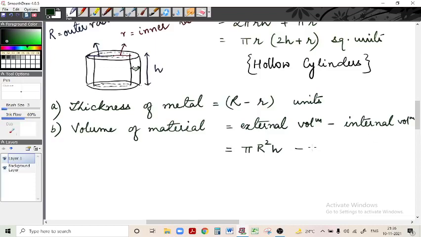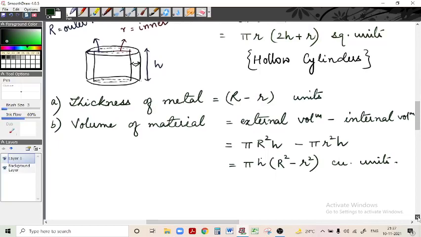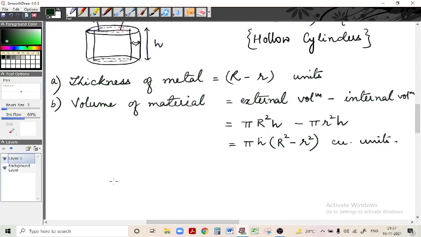Minus pi r square h. Now I will take pi common, h common, and I am left with R square minus r square. This is in cubic units. Okay. Next is our curved surface area.